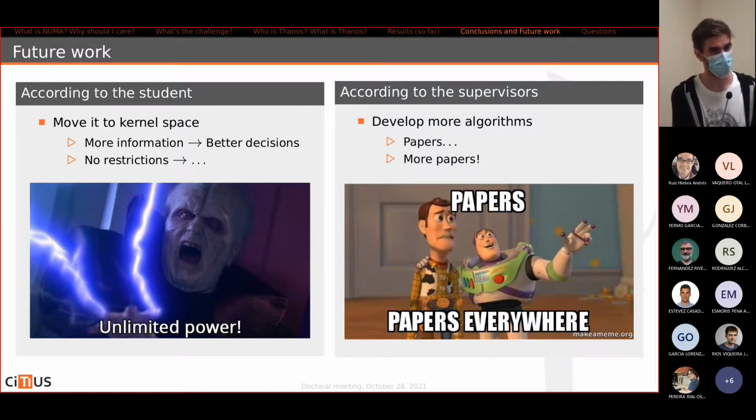Another positive is that we wouldn't have restrictions. We can do whatever we want, so that gives us unlimited power. This is always great. And according to the supervisors, we should develop more and more algorithms so we can publish more and more papers.